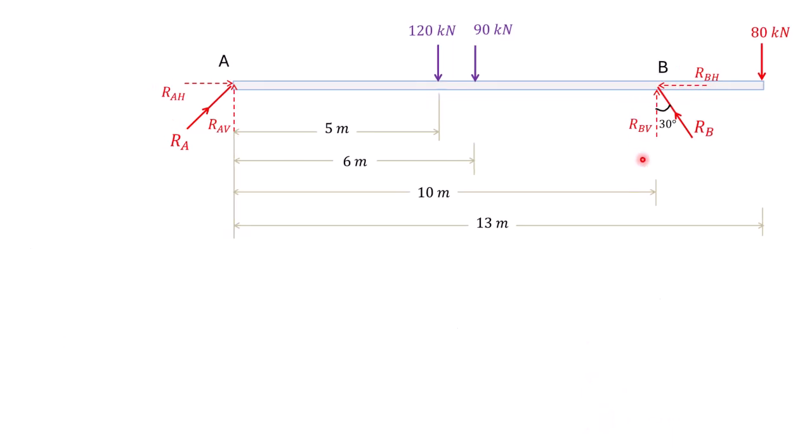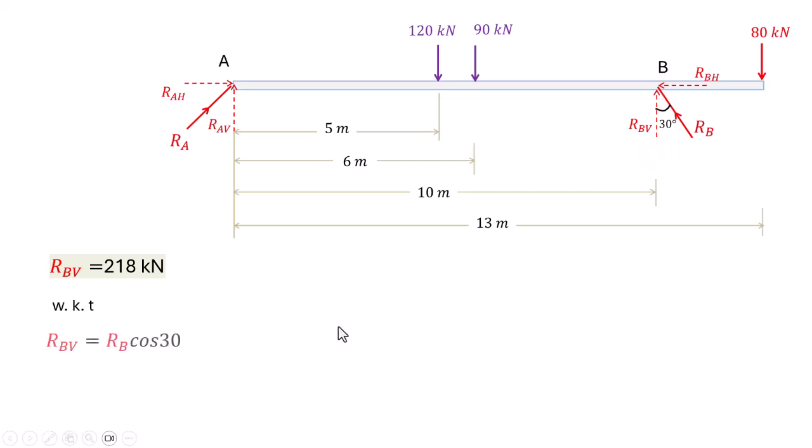The beam is supported by an inclined roller support at B. Hence, we have an inclined reactive force there. In order to find the resultant, we use the vertical component at B, 218 kilonewton, and we know the angle between the inclined reactive force and its vertical component.